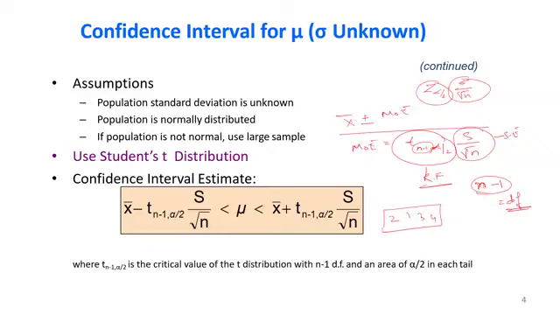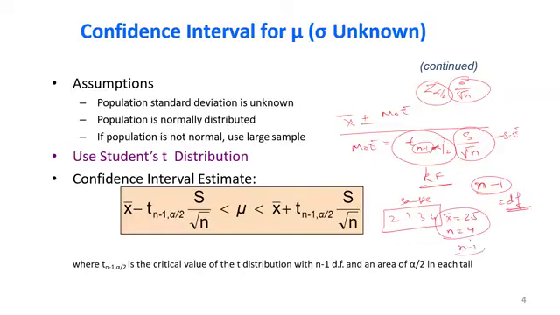So 3 plus 1 is 4, 4 plus 4 is 8, 10. 10 divided by 4 would be 2.5, right? So let's suppose this is my sample, and the sample mean is equal to 2.5. Here n is equal to 4, which is the sample size. Now the degrees of freedom is nothing but sample size minus 1.